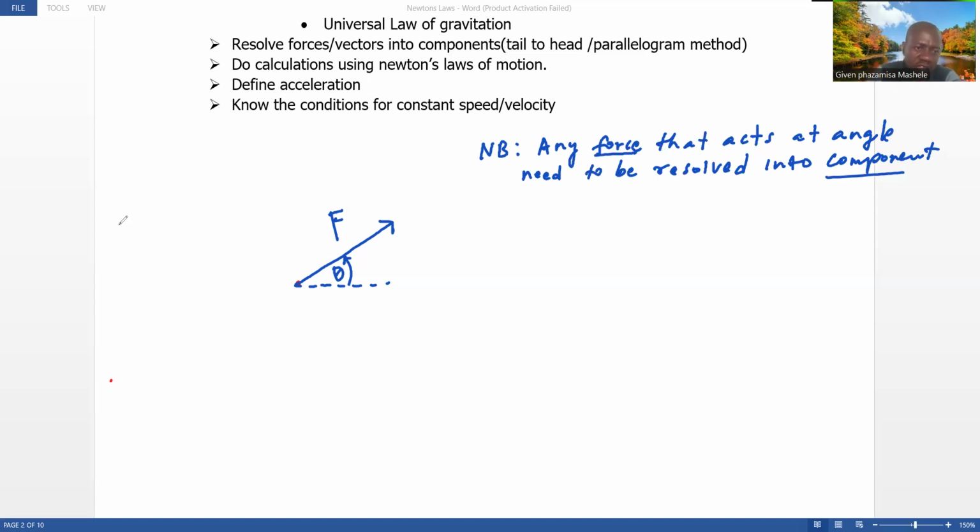You can either resolve or not resolve. So any force that is acting at an angle, you need to resolve that force into components.